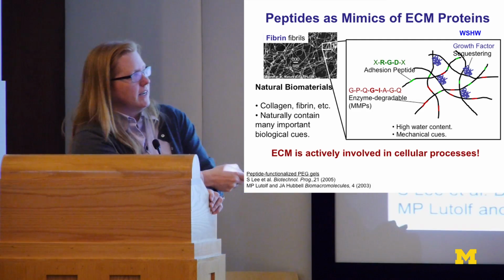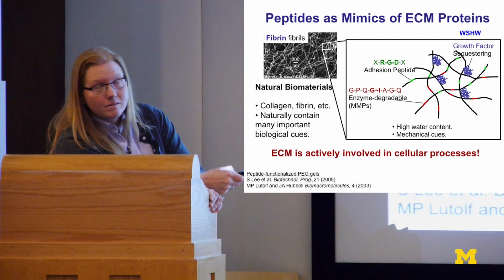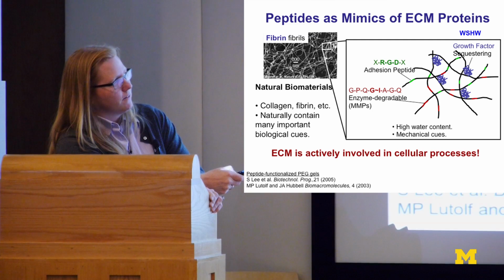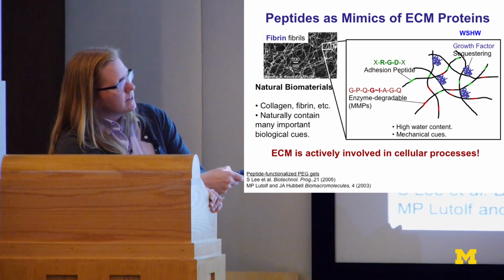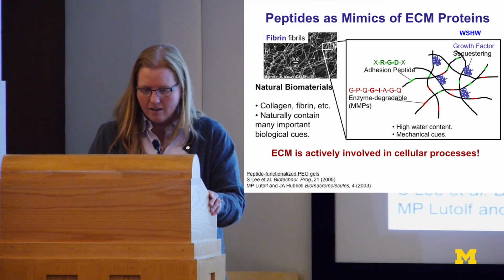And so we've been really interested in designing different types of peptides that can cause adhesion, deliver different types of growth factors. This is one that binds that TGF-beta that's really important in many different cell processes. But this sequence here is one that cells can cleave and degrade and is found in collagen.